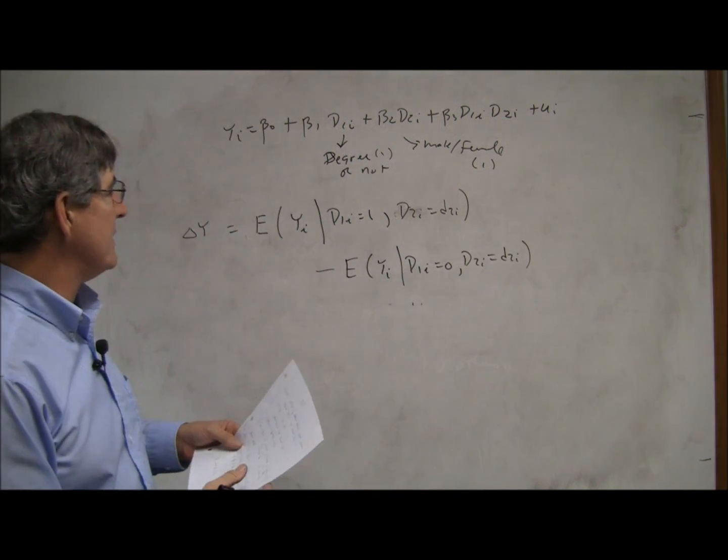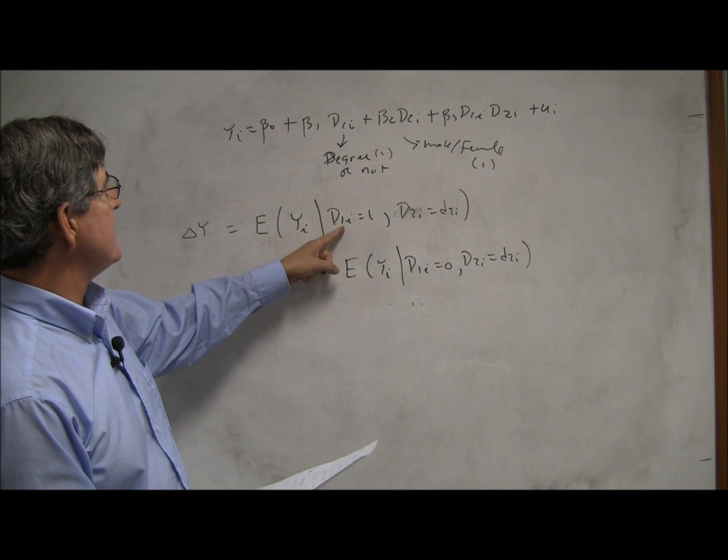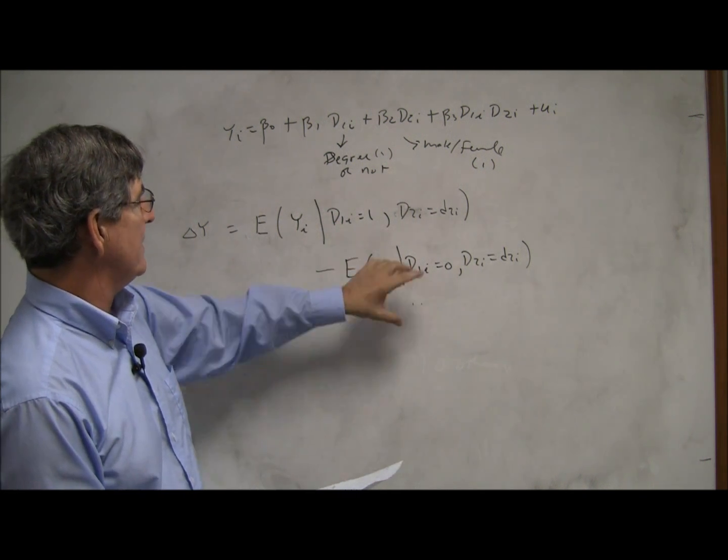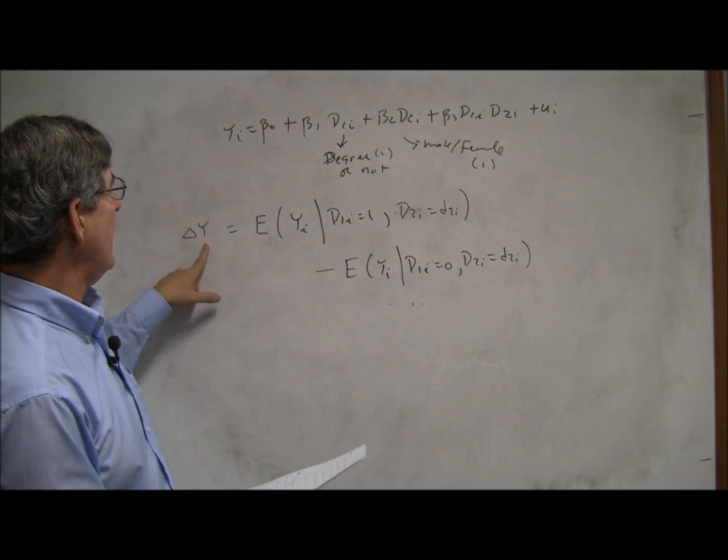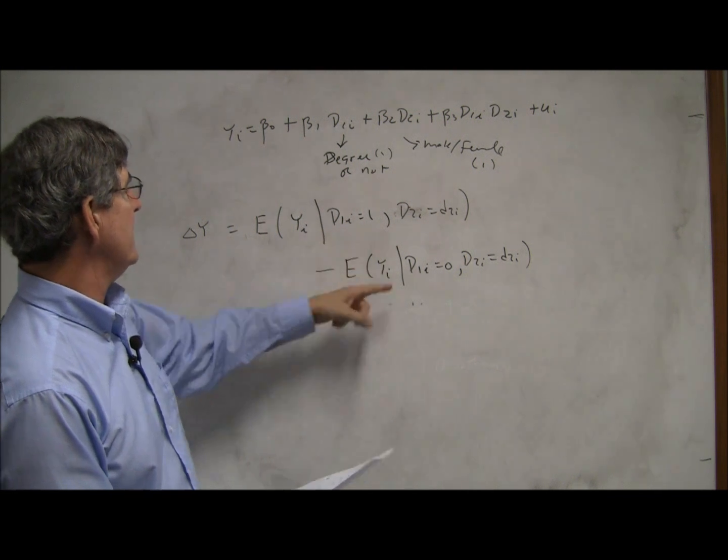We're not going to specify what that one is. So d1i is having a degree, d2i is the indicator for gender. So this is the change in y between having a degree and not having a degree.